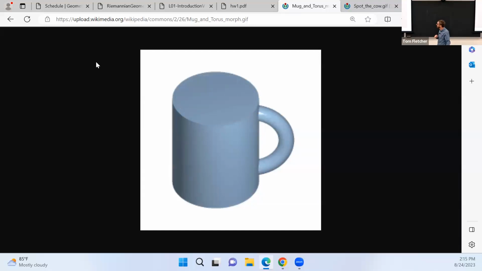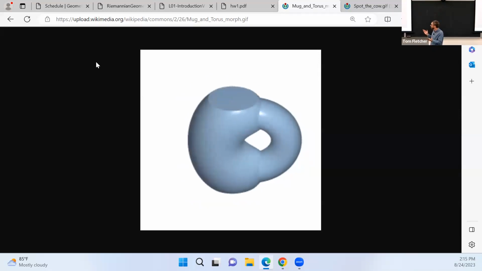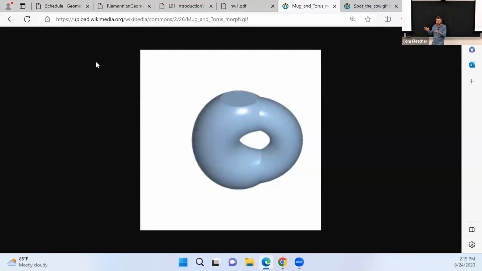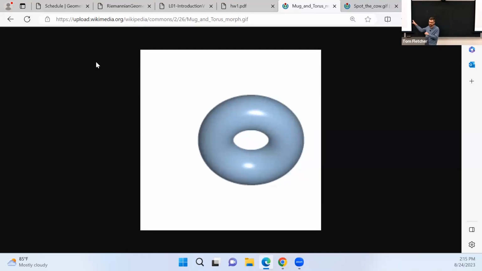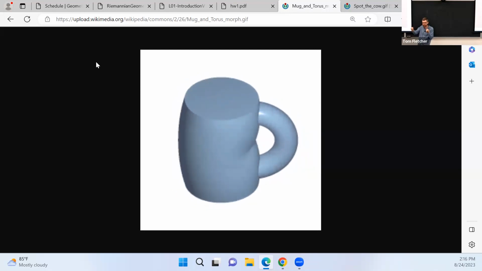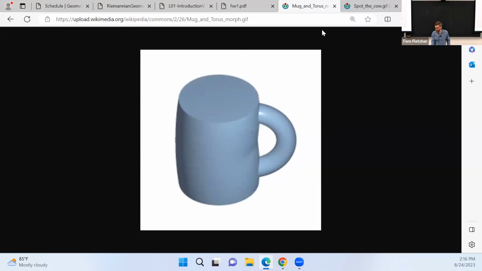You can keep this intuition in your mind when we talk about topological spaces: the topological properties of a space are invariant, they don't depend on the exact geometry of the space. They don't depend on whether I warp and squish the space around, but they do depend on connectivity. If I tear a hole in the space, I've changed the connectivity, and that is a topological change, a difference in topology.